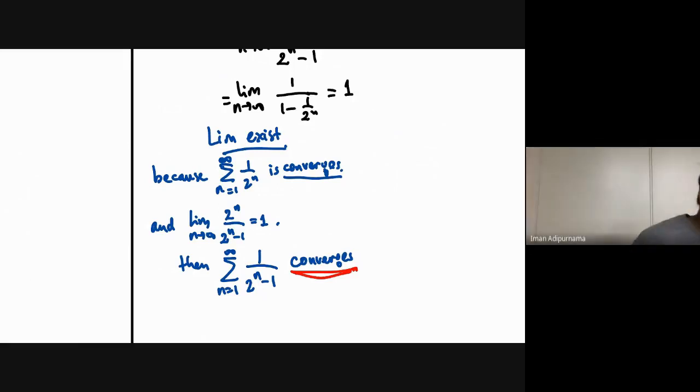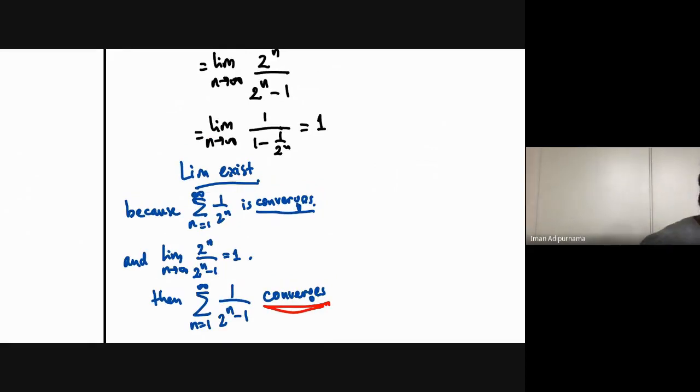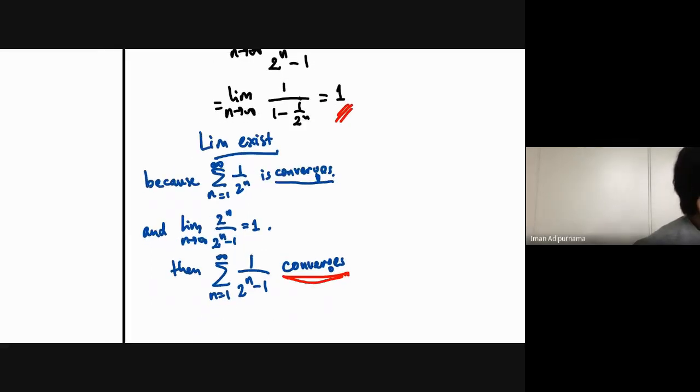So when you find the limit, okay, you find the limit is a specific number like this. Oh, it's 1. You cannot say directly, oh, it's converged. You say the limit exists first. Okay, the limit exists, and then because the other part is converged, the other one also converges. That's the necessary steps for this limit comparison test.